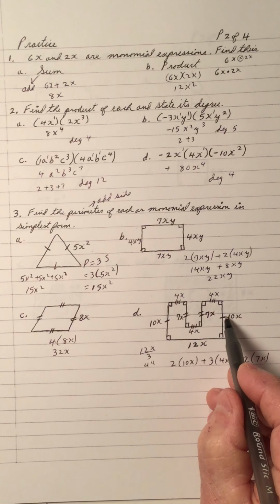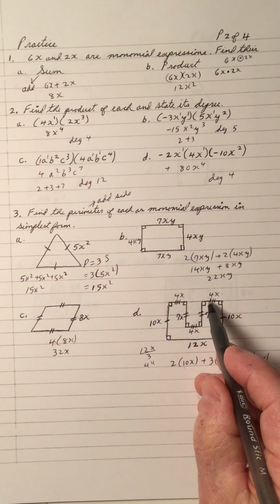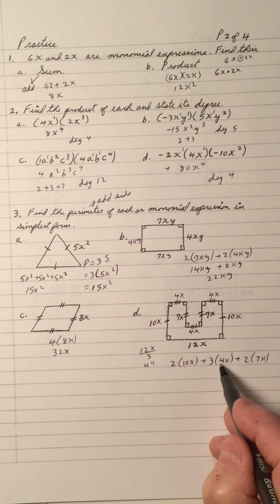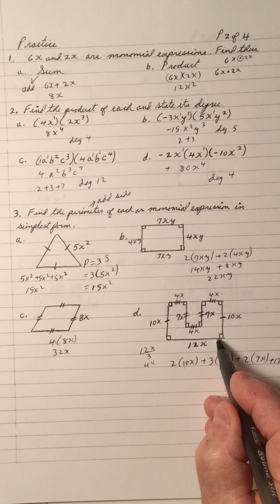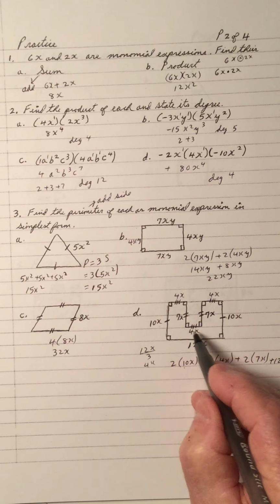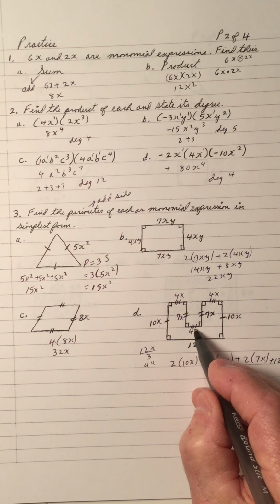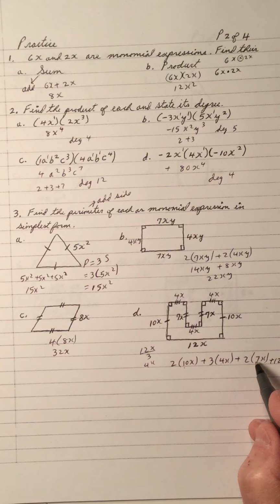So 2 of those, done. 1, 2, 3, done. And I also have a 12x. So 12x, 2 10x's, 3 4x's, and 2 7x's.